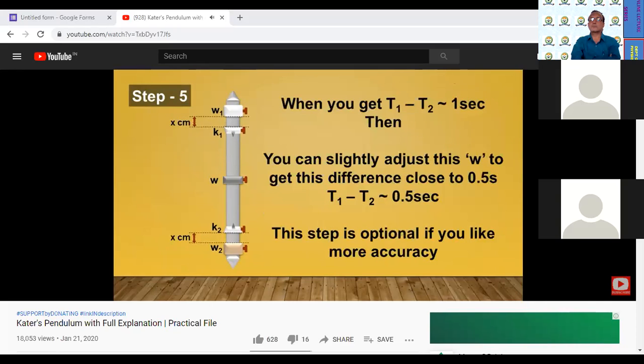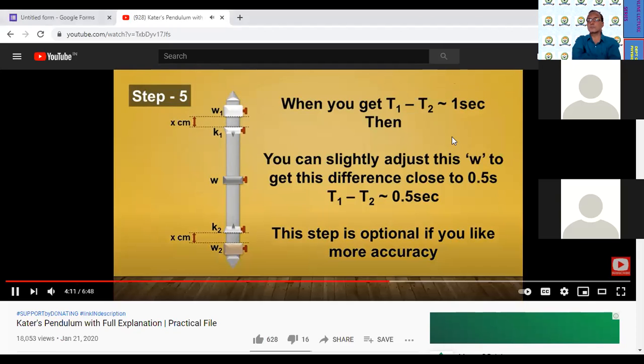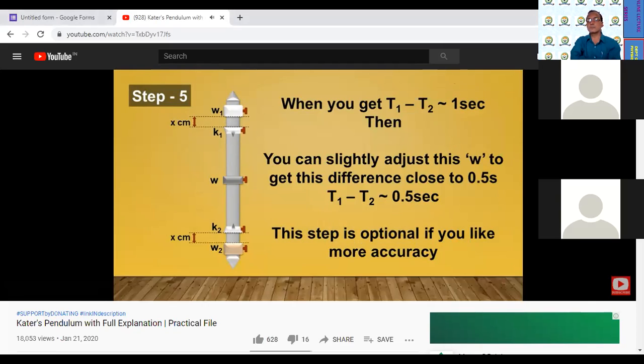Finally, you will reach a state where the time difference between T1 and T2 is around 1 second. Now, you can slightly adjust this ring W to get this difference close to 0.5 seconds. This step is optional. The lower value of this time difference will increase the accuracy of this measurement.